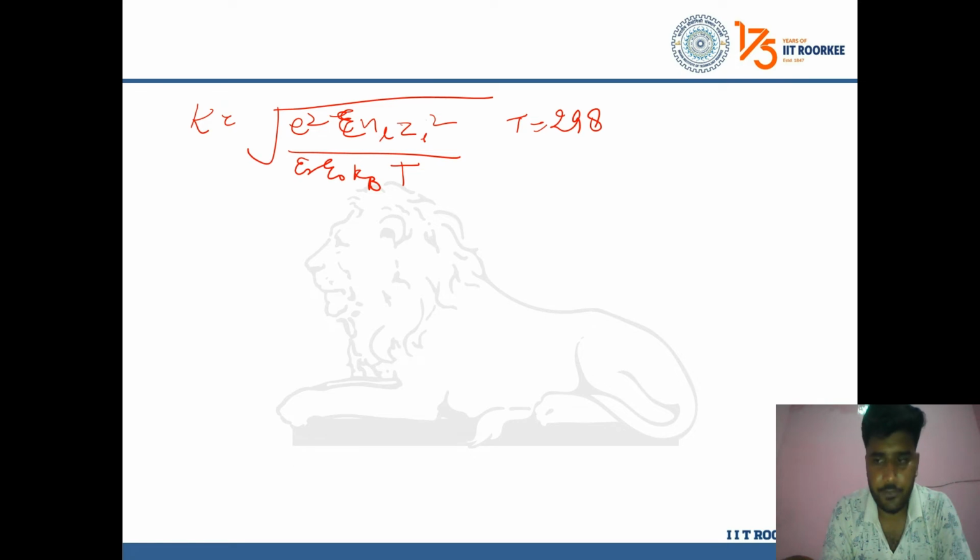I will wait for 5 minutes. Just calculate the kappa value and get me the answer. Try to solve it on your own, please. Temperature is given here, everything is given here.